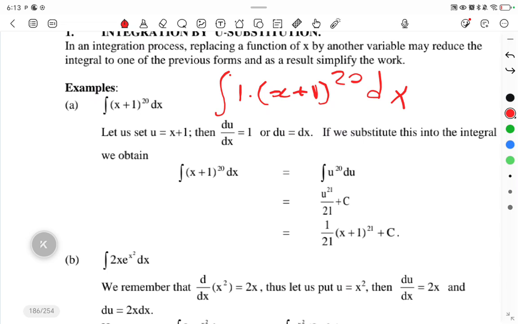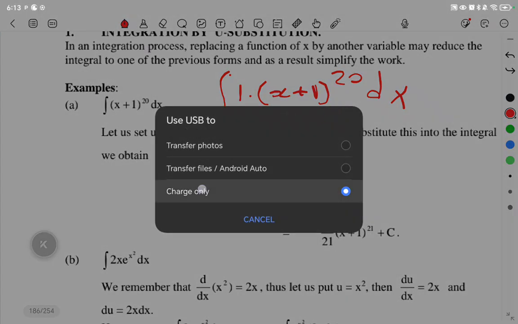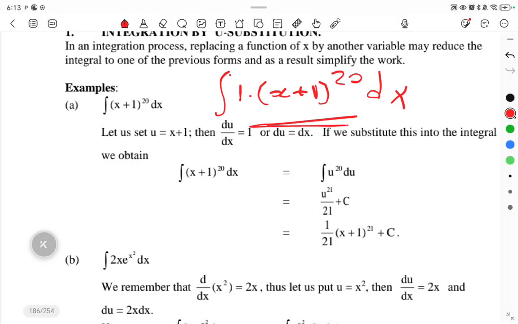For example here, I let u be equal to x plus 1. Then I derive it. When I derive this, I get 1, so I multiply that by dx.